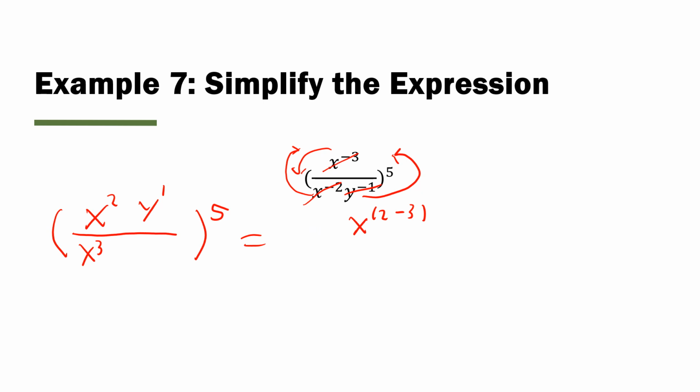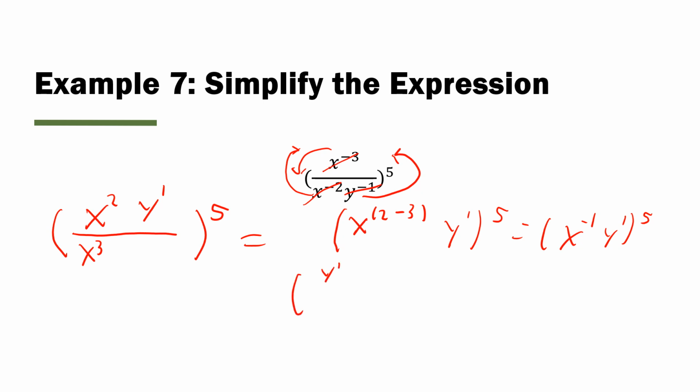So let's clean this up a little. We just get x to the power of 2 minus 3 times y to the power of 1, all to the power of 5, which is equal to x to the power of negative 1 times y to the power of 1, raised to the power of 5. Now I can actually make this a fraction again by moving my negative 1 exponent to the denominator and negating it.